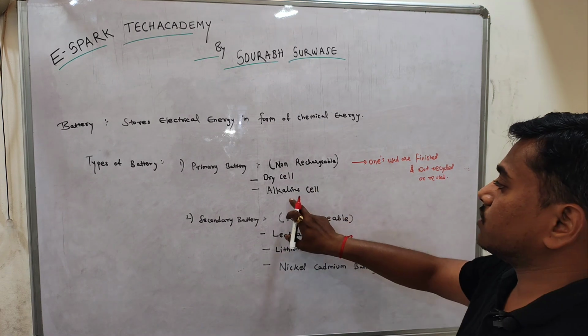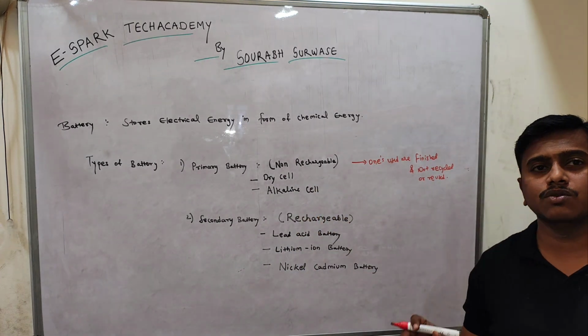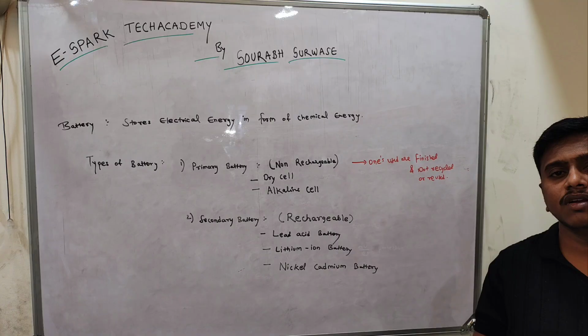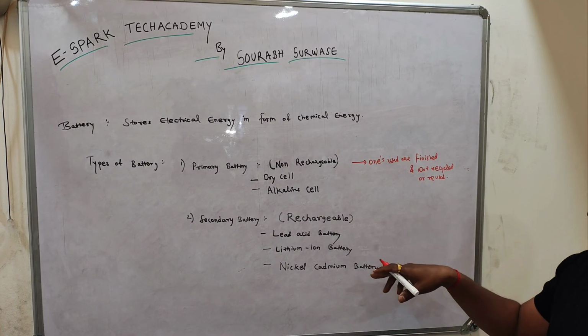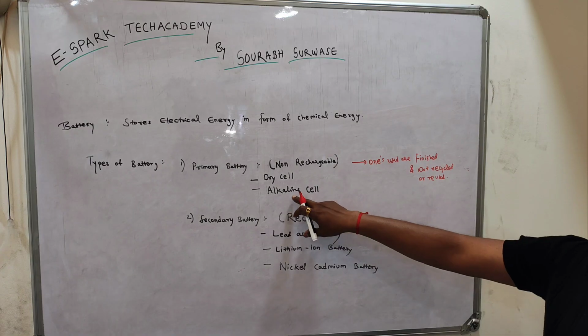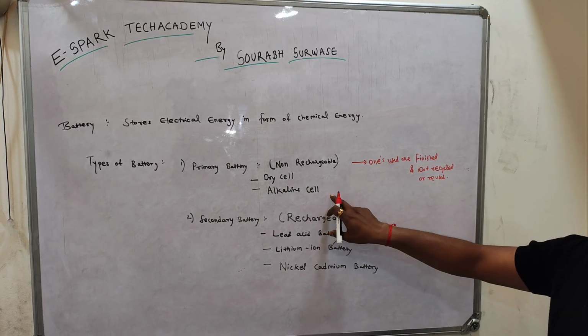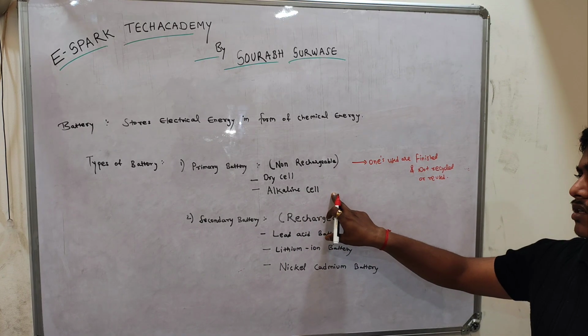These are dry cells and alkaline cells, which you actually use in your TV remotes, watches and everything. In the same way, alkaline cells are also not rechargeable.